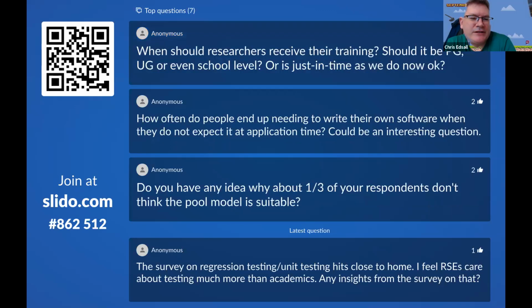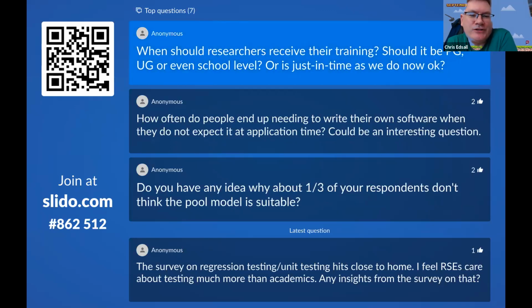Anonymous also asks, when should researchers receive their training? Should it be at postgrad, undergrad, or even at school level? Or is what we're doing right now just in time, as they need it, when they need it? I would love to have an evidence-based answer for this question. So I'd be keen to hear if evidence exists on this.